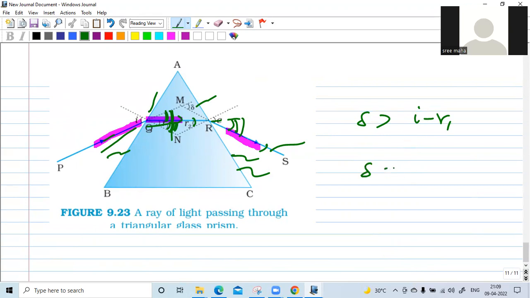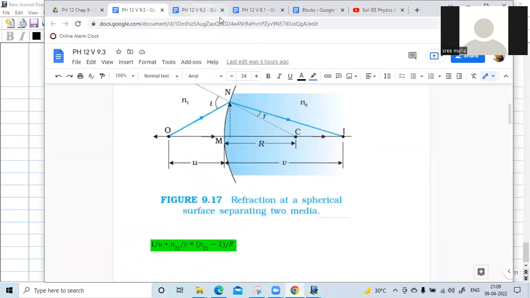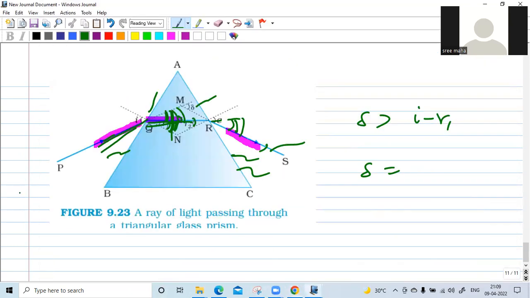What is deflection? This is the incident ray and this is the refracted ray, so this much is the amount of deflection. Draw the normal to the first interface.